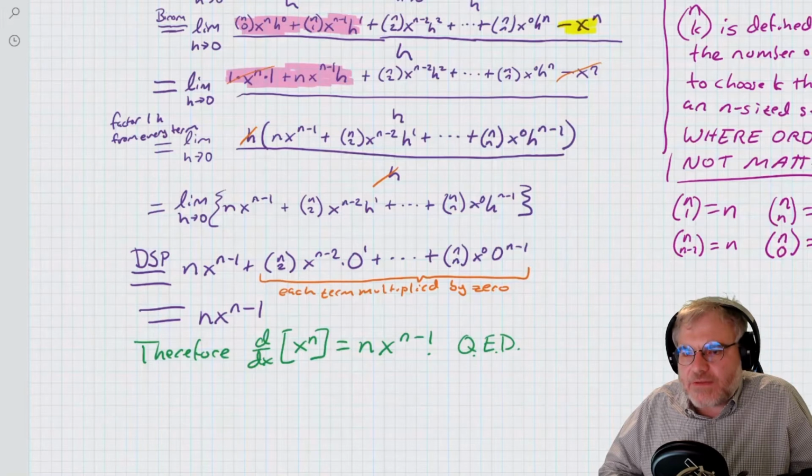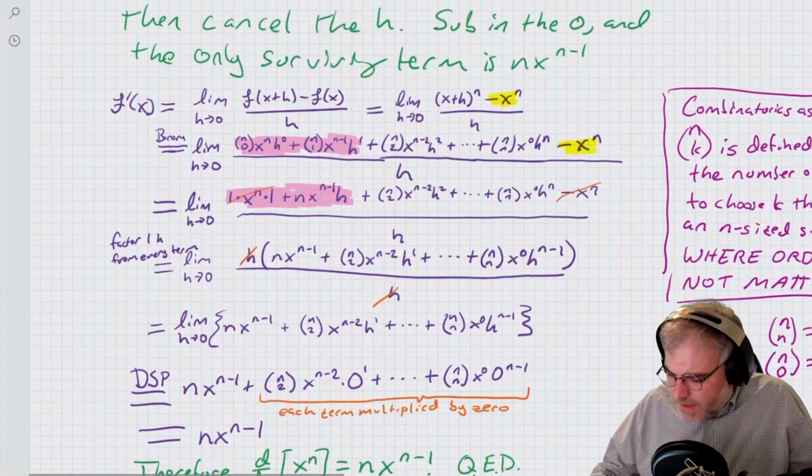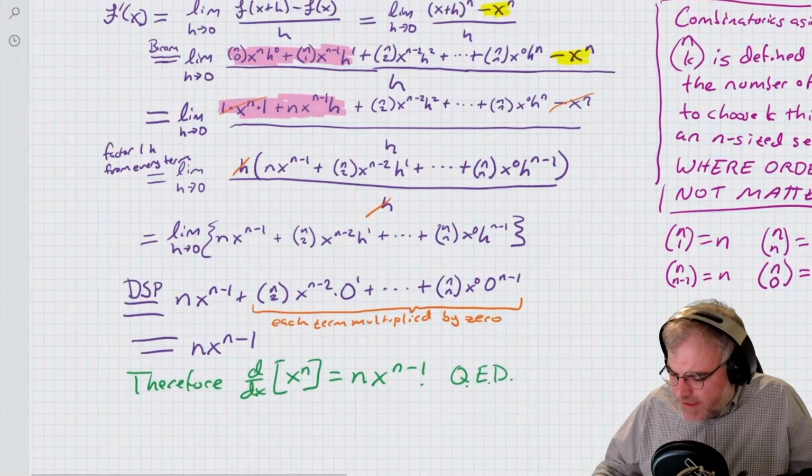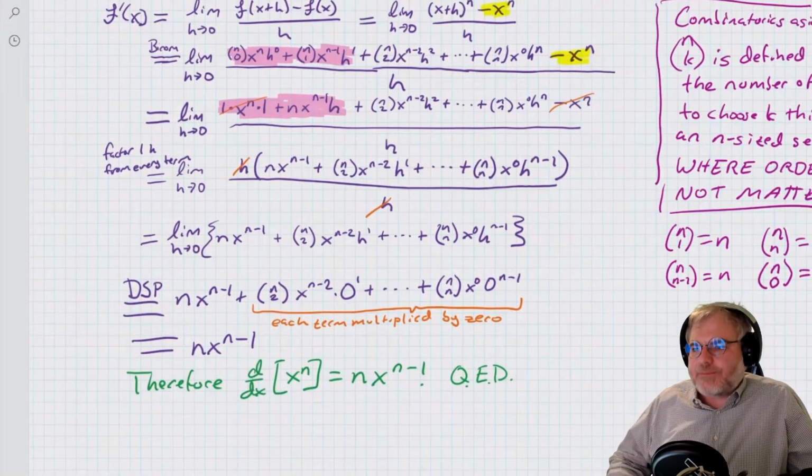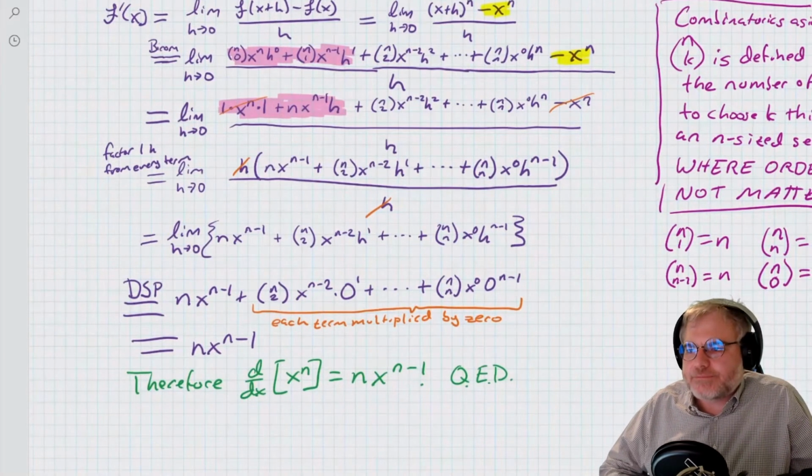Everything that's left will cancel. So the x to the n's cancel at the end. I factor out an h. They cancel. And every term except that lead term has a 0 in it when I'm done. It's a nice little proof.